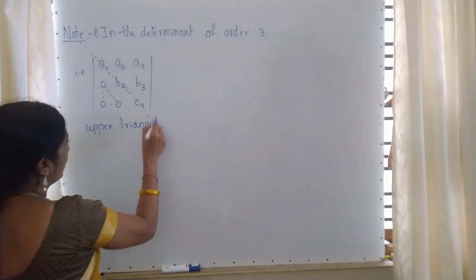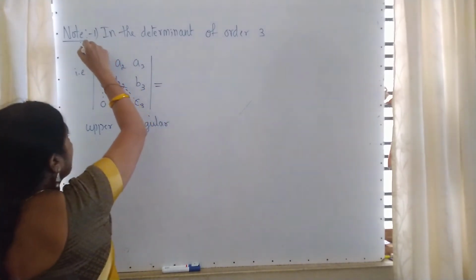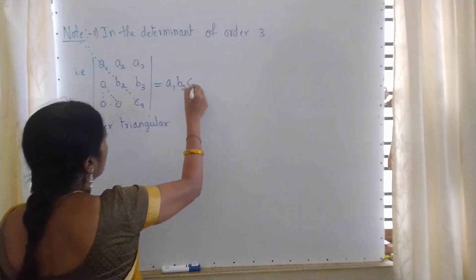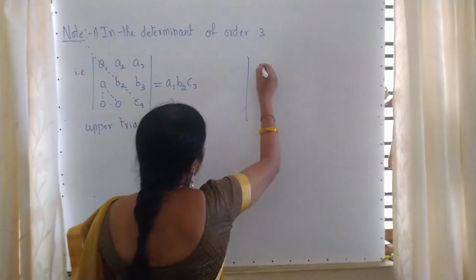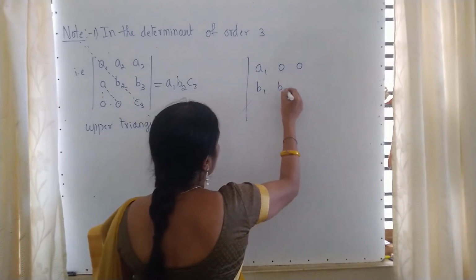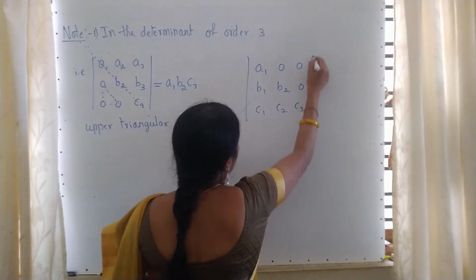For this type of determinant, the value of the determinant is just the multiplication of the elements present in the principal diagonal. This is one type. In another type, it is A1, 0, 0, B1, B2, 0, C1, C2, C3.